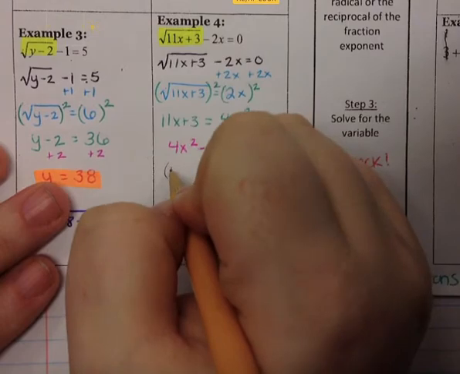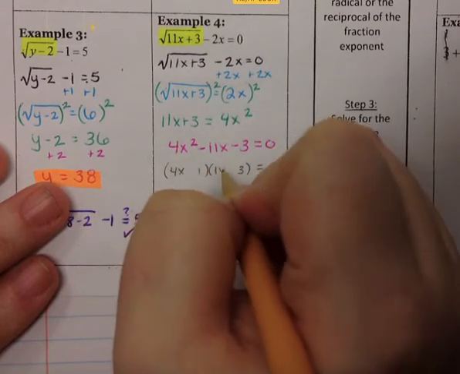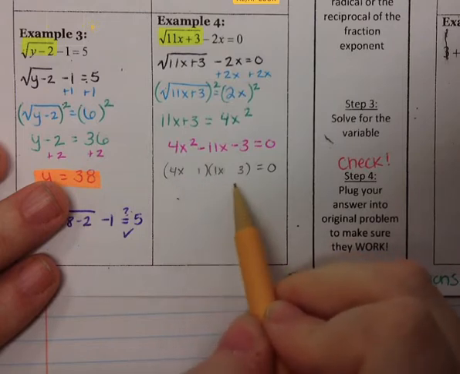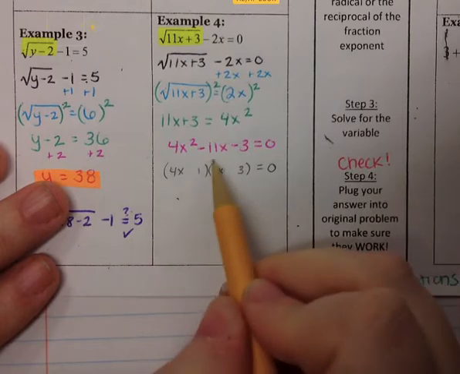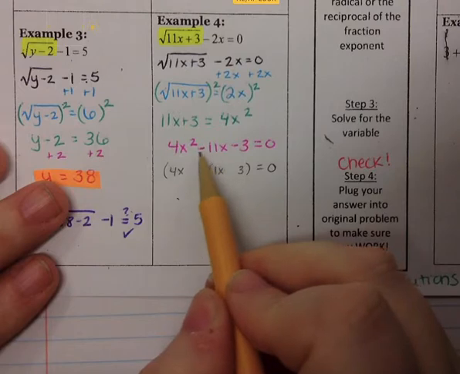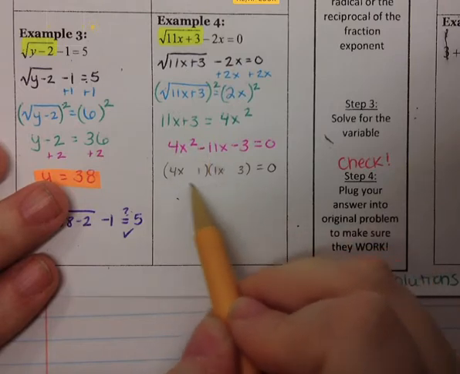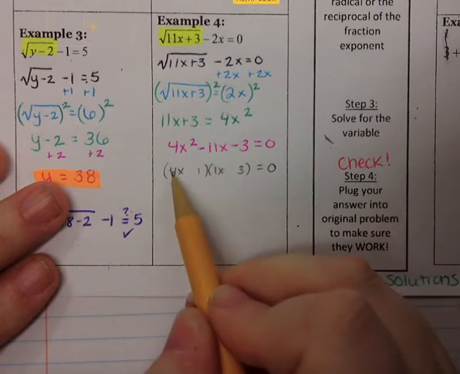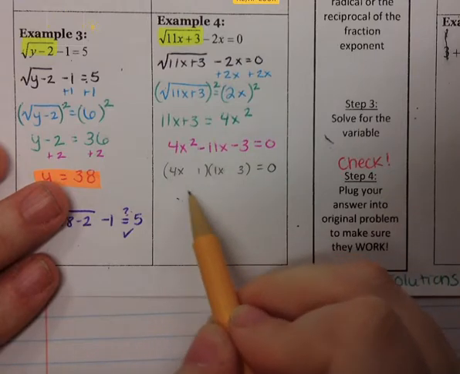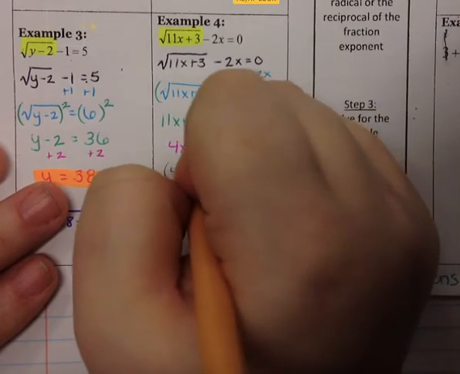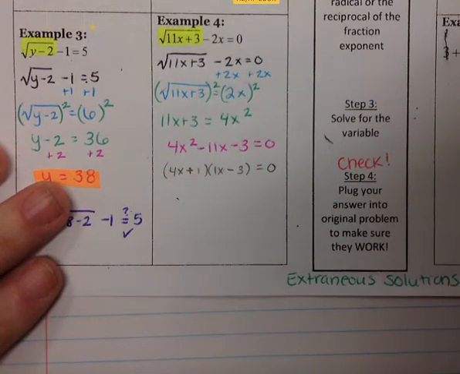So now we have 1x and 12x. Yes, 1 and 12 will give us an 11. Now we need a negative 11, so we need a negative 12. The 4 and the 3 is what give us the 12. So the 4 is positive, the 3 has to be negative. That means we have a 4x plus 1 and an x minus 3.